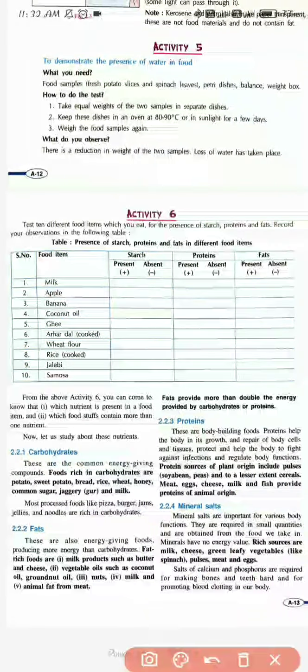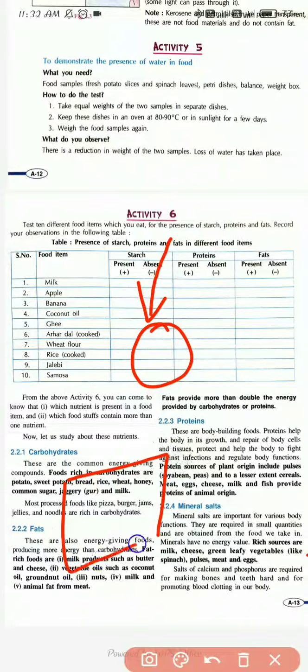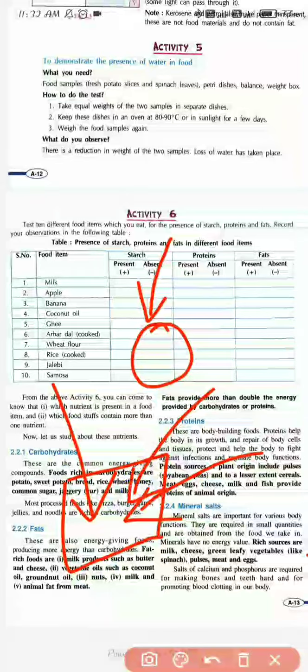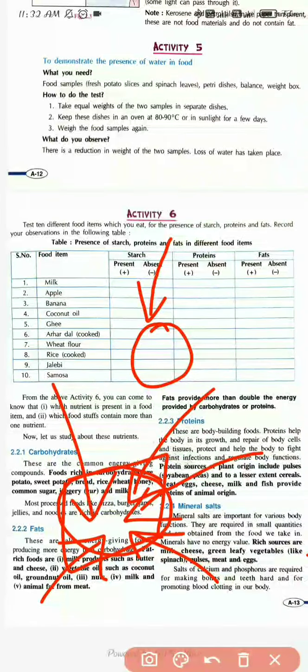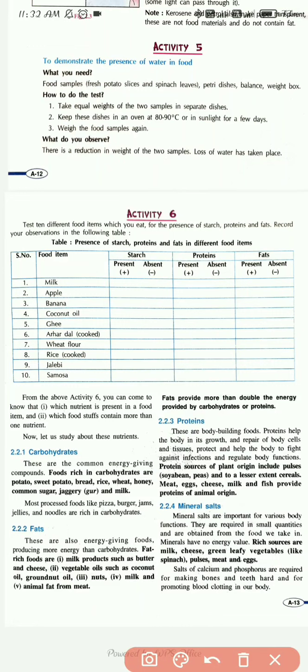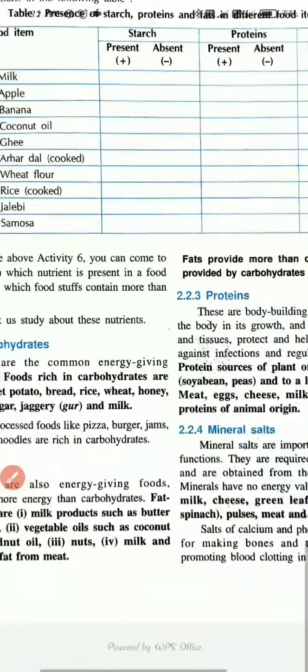So sometimes in a food there are only one or two nutrients, but in some foods you can see a bunch of nutrients: carbohydrates, fats, proteins, all present in the food. So sometimes there is more than one nutrient present in a food. Now we will learn about the nutrients one by one in detail.